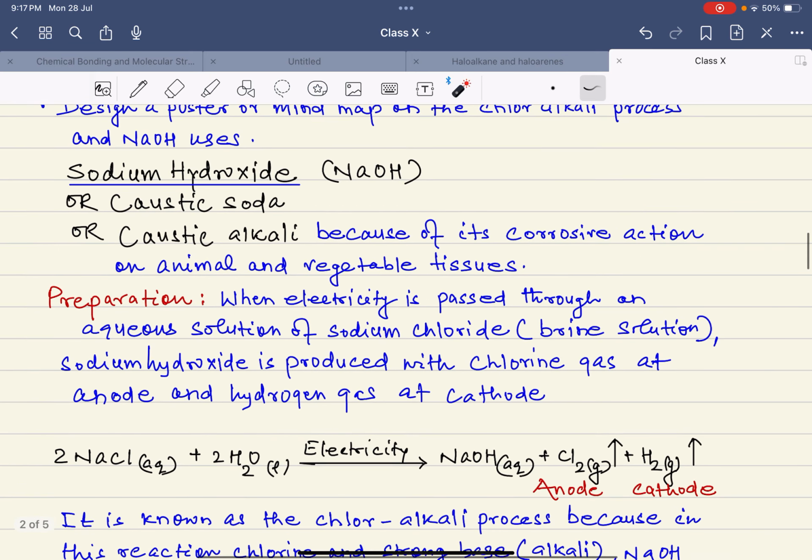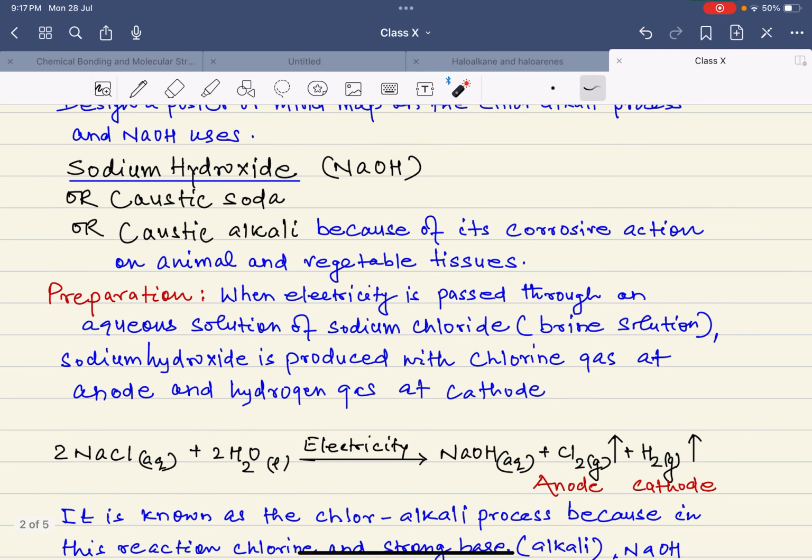First of all, sodium hydroxide. The chemical name is sodium hydroxide and the formula is NaOH. NaOH is also known as caustic soda or caustic alkali because of its corrosive action on animal and vegetable tissues.